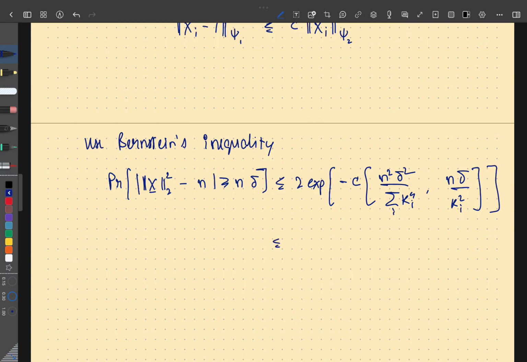And this is less than or equal to 2 times e to the power of minus some constant times the minimum of n square delta square by n times K max to the power 4, and n delta by K max square.